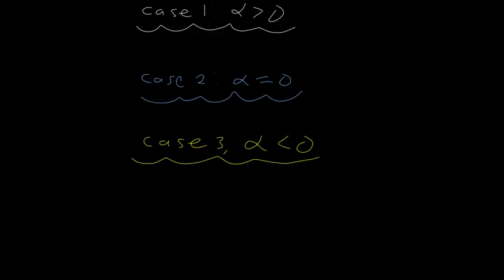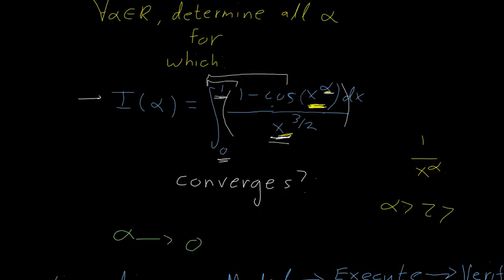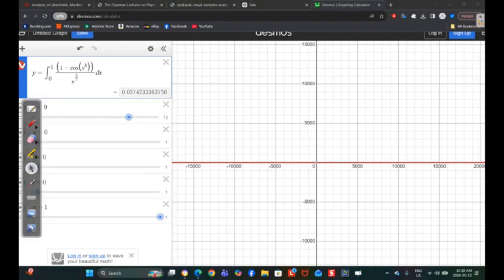So the convergence is going to depend on whether the numerator gives us enough decay near 0. That's what matters. Positive alpha gives decay, and 0 alpha gives no decay. That's why, in my graph here, I didn't let it play.